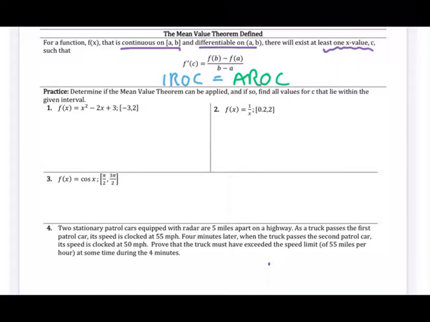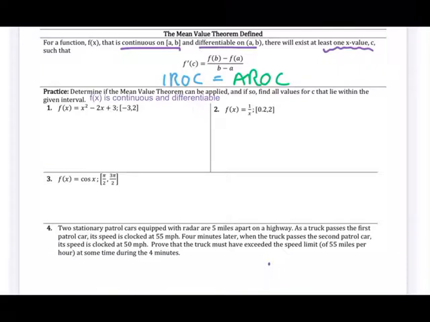So let's look at a couple of examples. Directions: determine if the mean value theorem can be applied. If so, find the c values that lie within the given interval. So again, you have to state that the conditions are true. So I'm looking at number 1, it's a polynomial. That means it is continuous and differentiable. So I need to make sure I go ahead and state that.